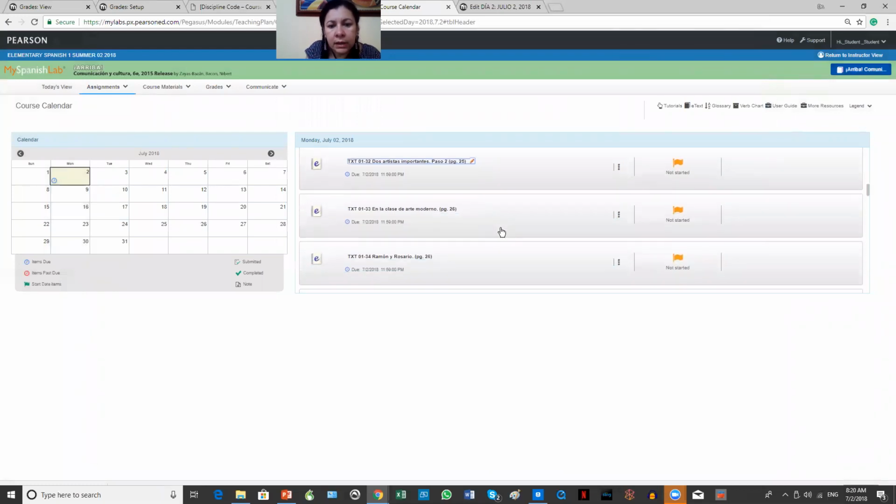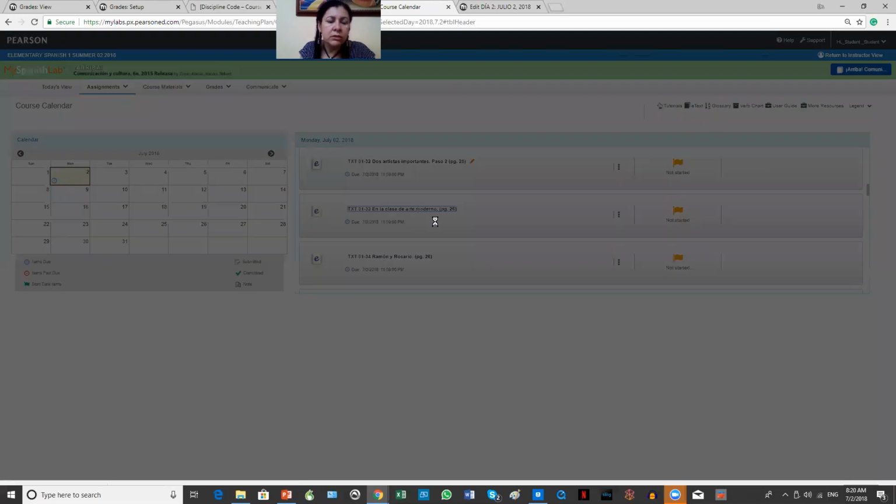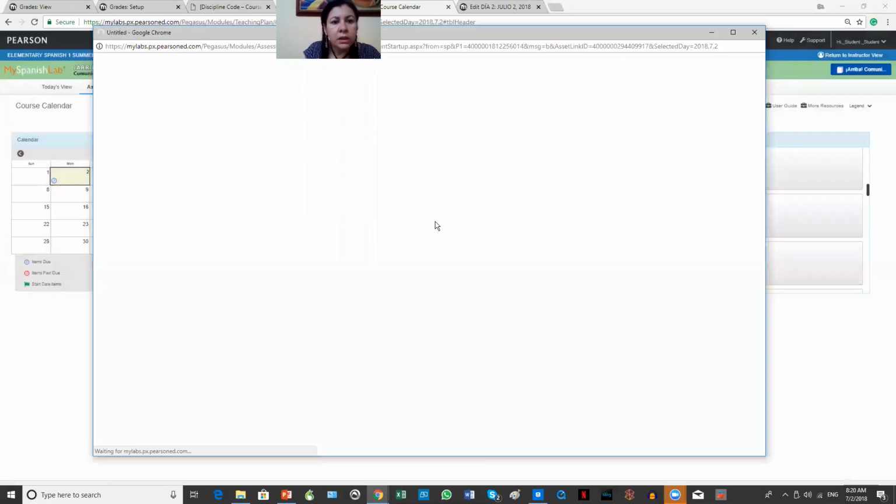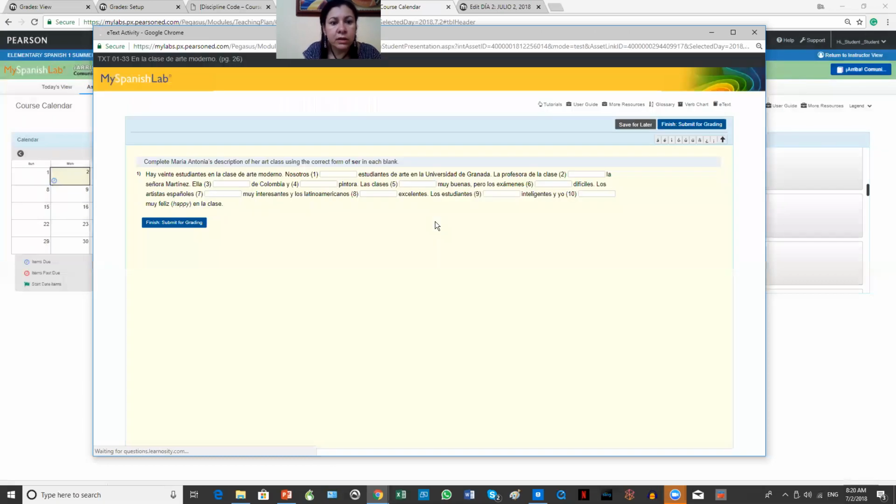And the other ones are Clase de Arte Moderno, una conversación, where you're going to be not only understanding the reading, but you're going to be using ser, you're going to be conjugating. Hay 20 estudiantes en la clase de arte moderno. Nosotros, look at that, somos estudiantes de arte en la universidad.